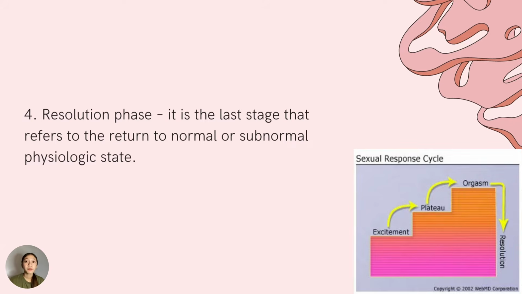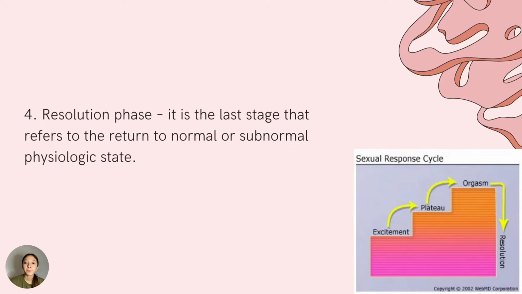So, females are physically capable of repeated orgasms without the intervening rest period required by males. Yung males daw ay required magpahinga muna bago ma-reach yung orgasm ulit, pero yung females, capable sa repeated orgasm.